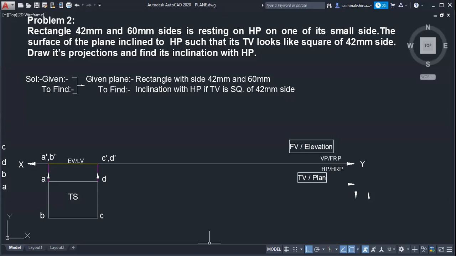Yes, sir. Now what is told in the problem? The first step, by default, is drawing a true shape. We have drawn the true shape. After this, what is called the apparent shape, or the description of its apparent shape, is given.